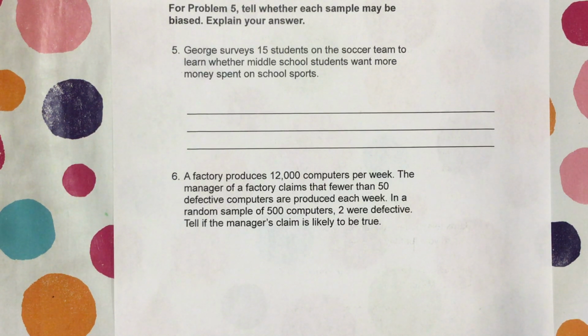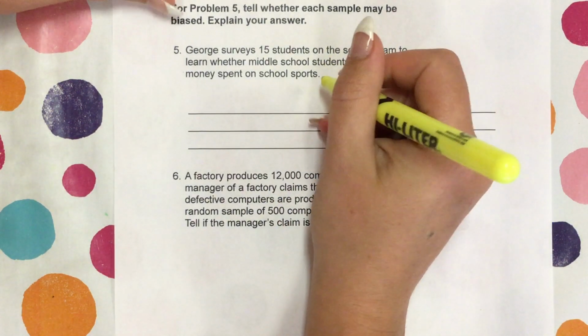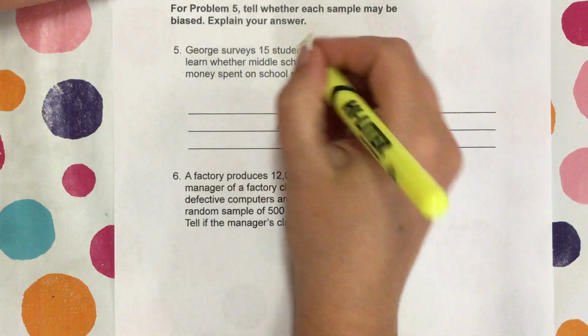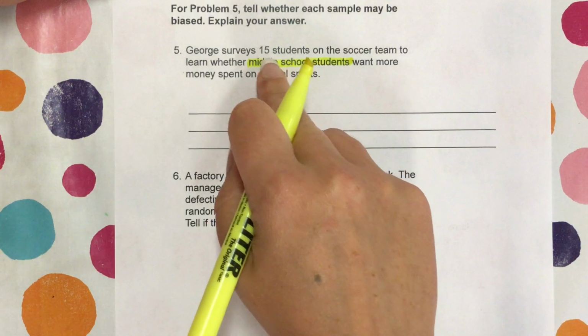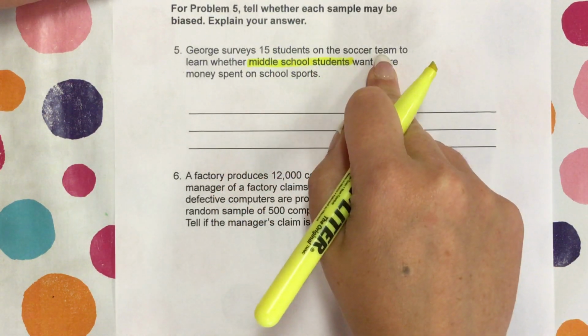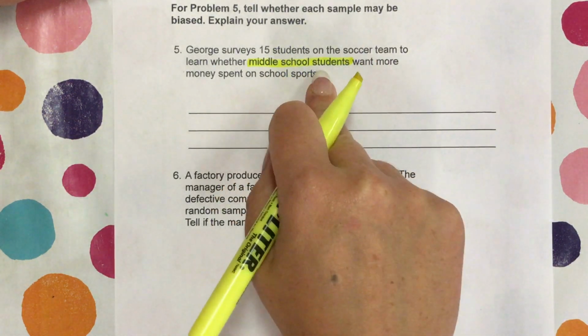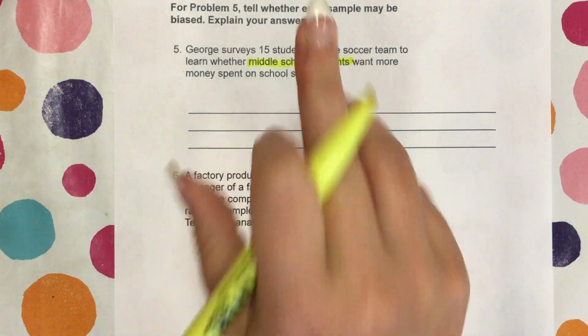So do you think this is biased or unbiased? Well, when I'm looking at this, I want to figure out, what is the population? The population, it wants to learn whether middle school students want more money spent on sports.